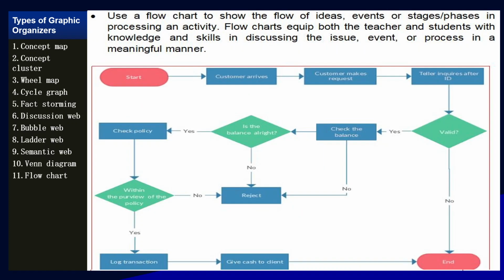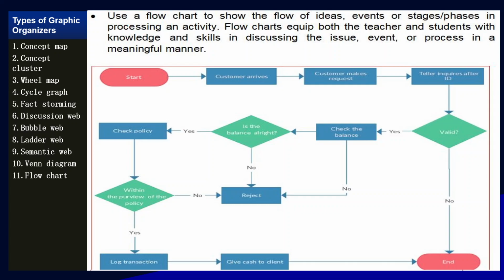So number 11 is the flow chart. Use a flow chart to show the flow of ideas, events, or stages, phases, and processes in an activity. Flowcharts equip both the teacher and students with knowledge and skills in discussing the issue, events, or process in a meaningful manner. So it is pretty self-explanatory. Like for example, in the picture, there's a start, then there's an end, but there's a corresponding flow.